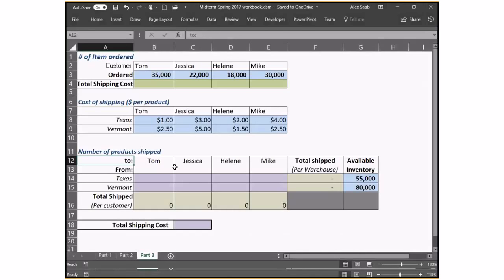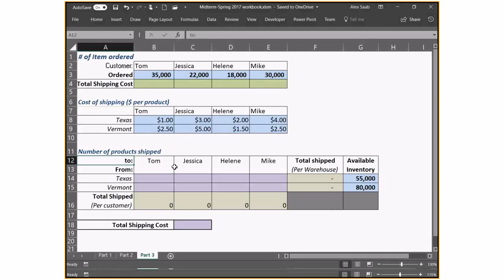So the shipping cost is different, depends where you're shipping from. The cost to ship to Tom from Texas is $1 per piece. To ship to Jessica is $3, and so on. For every order, the shipping cost is different, depends on the destination. Typically, for Tom, you want to preferably ship from Texas, right? For Jessica, also Texas.